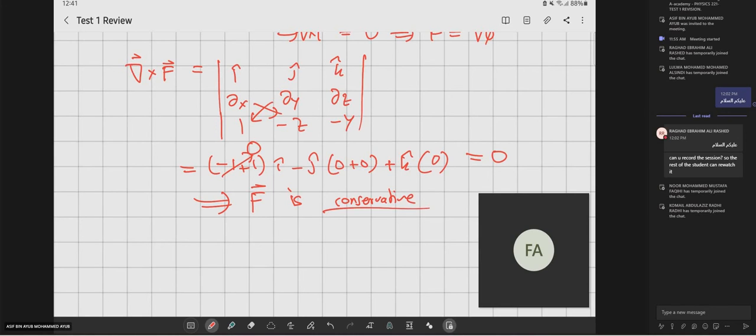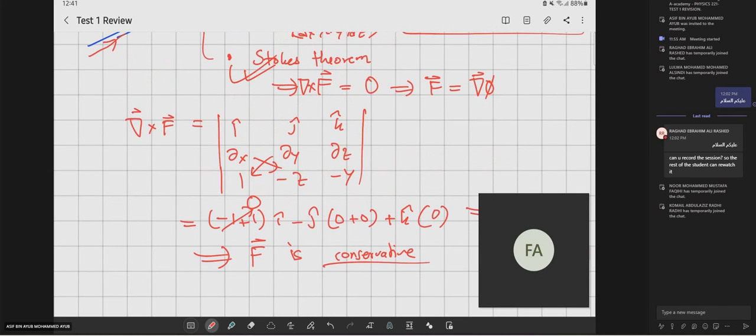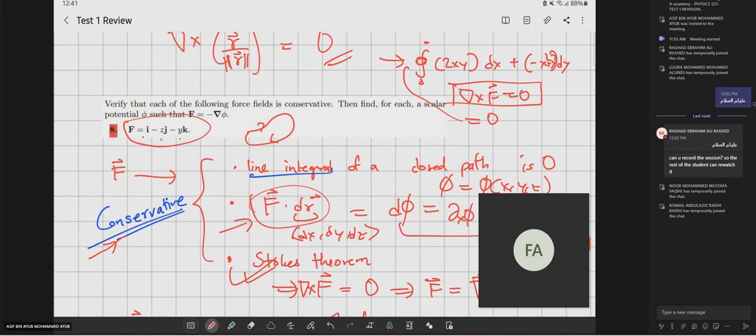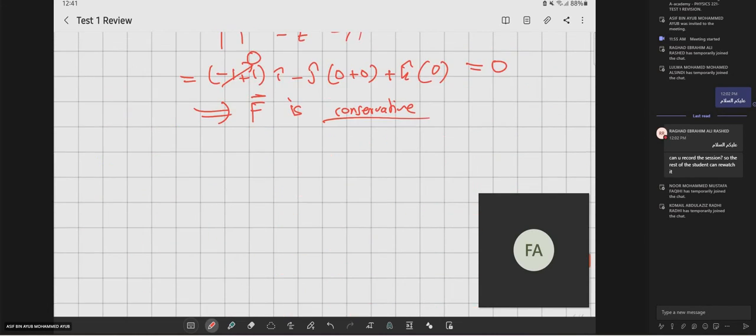So the question asks you to verify that each force field is conservative. We've done this. Now find this potential, f equals minus gradient of phi. So they're asking for a specific function, which is this. Now this is simply minus partial x of phi, minus partial y of phi, minus partial z of phi.